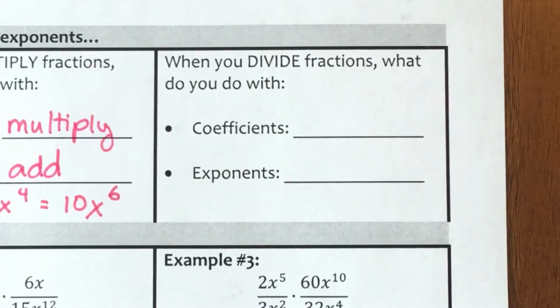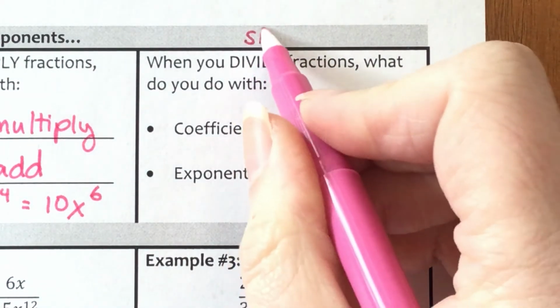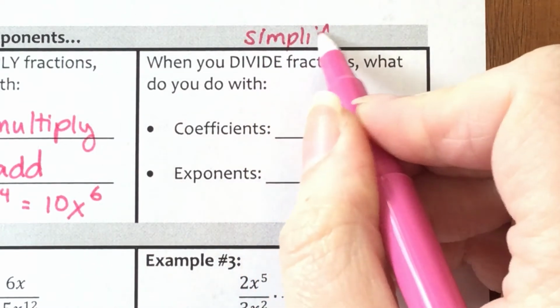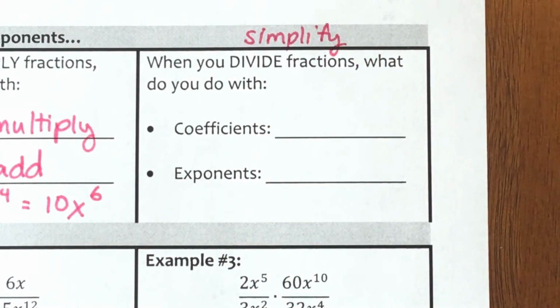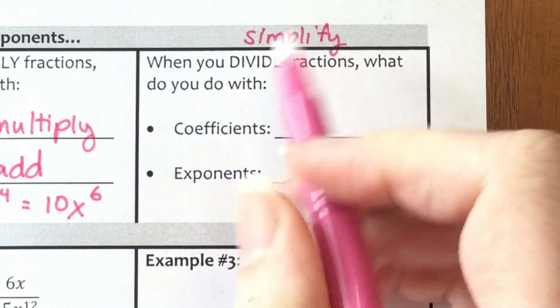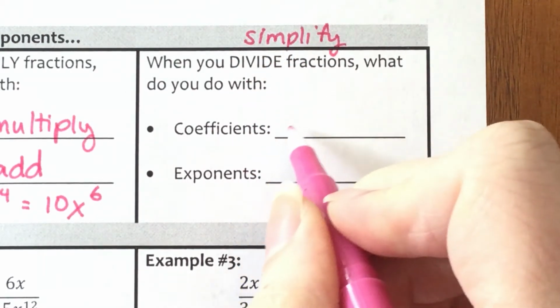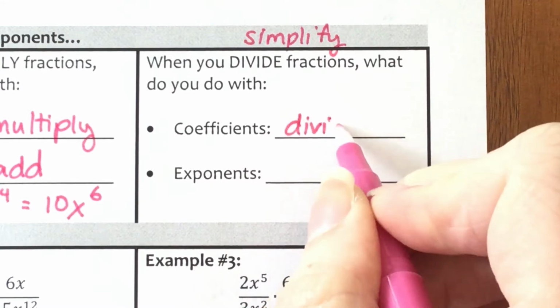When you divide your fractions, what do you do with your coefficients? So this is more like the simplifying. When you're done with your multiplying or dividing, you end up doing something with your coefficients. Well, you do whatever it says to do with your coefficients. It says divide, so we are going to divide our coefficients.